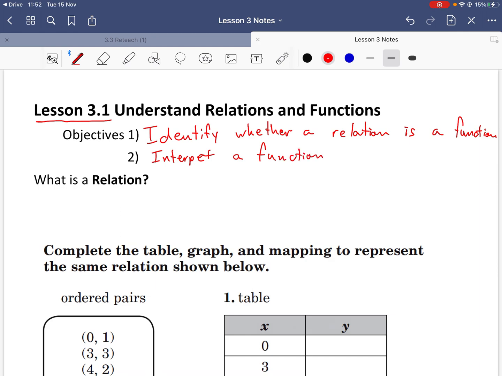Okay, so we need to know what is a relation, and then we'll talk about what a function is.